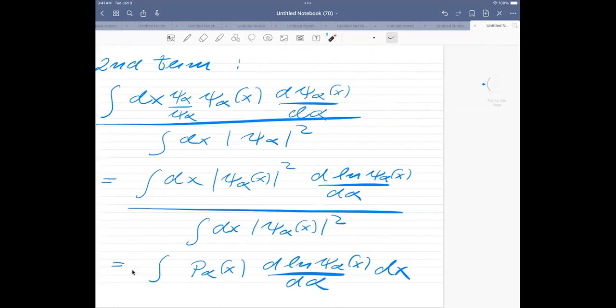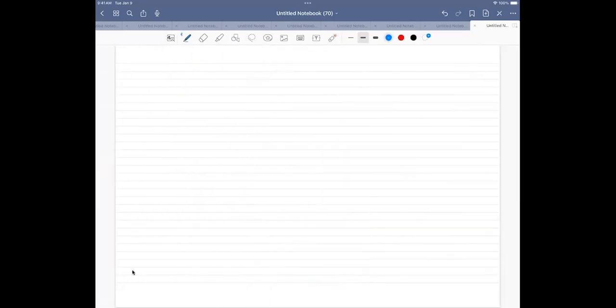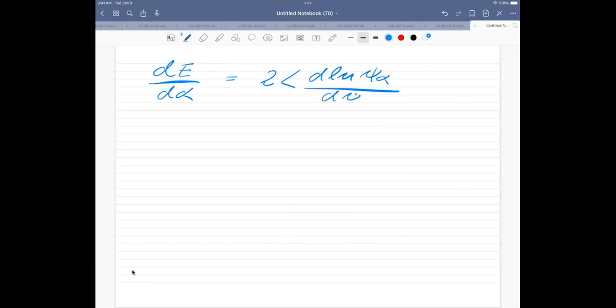So I can rewrite everything in the following form: dE of d alpha is then equal to 2 times the expectation value of d ln psi of alpha, of d alpha, multiplied with the local energy, which depends on alpha.